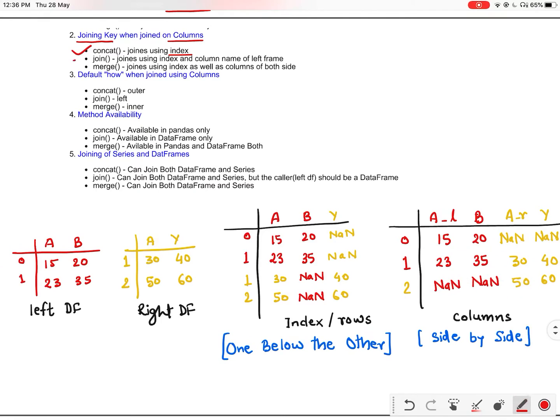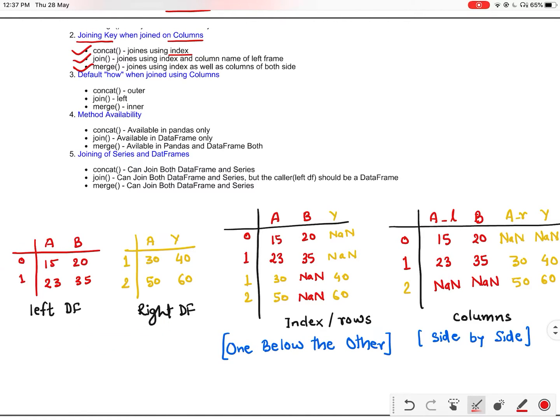When we use the join method, it uses indexes of both the data frames to join them, or it can use the left data frame's column and the right data frame's index to join two data frames. Third is merge. Merge can use any combination of index or columns of both sides of the data frames, that means left or right side.